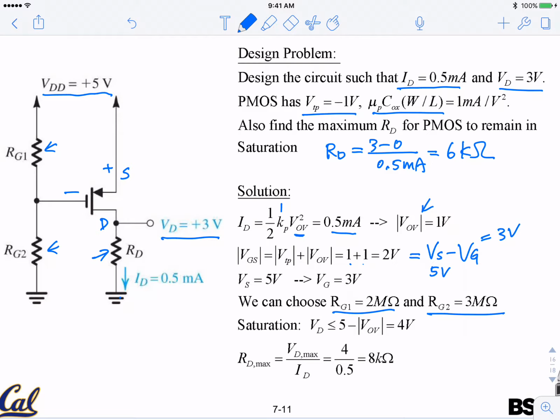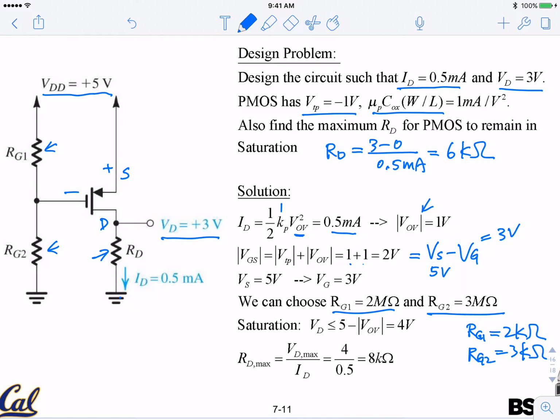That will give you 3 volt. Now, this is a design problem. Any ratio you choose works; you can choose RG1 to be 2 kilo ohm and RG2 to be 3 kilo ohm. That also gives you the same bias condition. So this part is totally arbitrary.